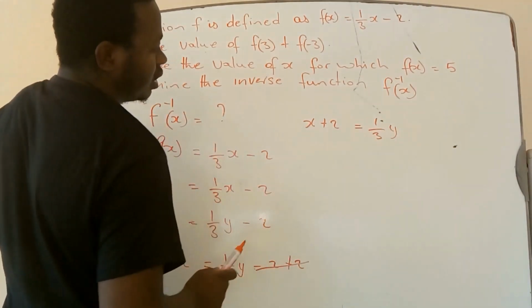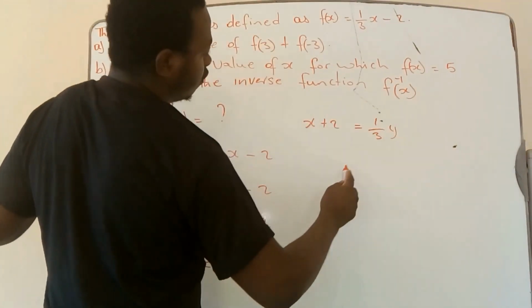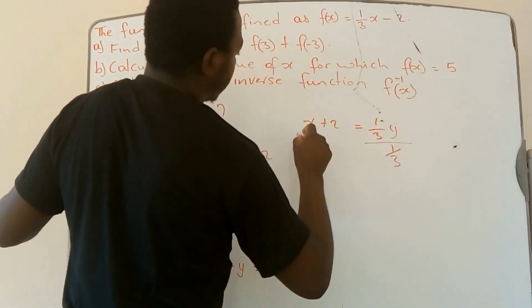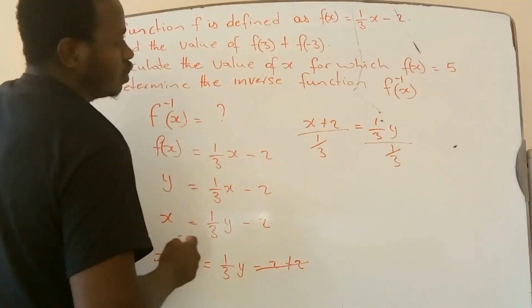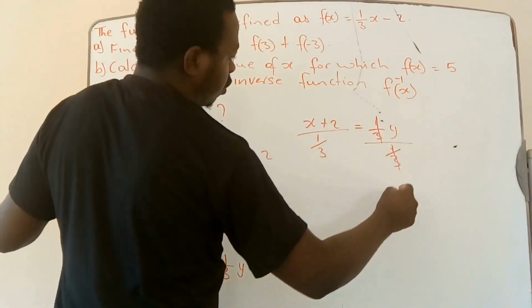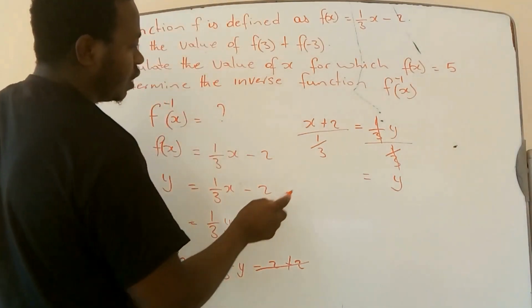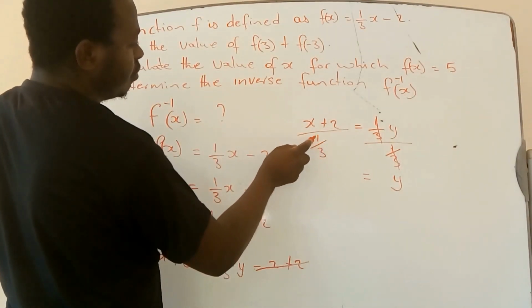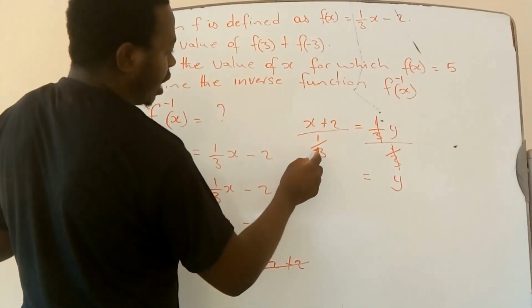Now we need to get rid of this 1 over 3, right? So we can divide both sides by 1 over 3. If you divide this side by 1 over 3, you divide this side by 1 over 3. So we cancel 1 over 3, and that is equal to y here, right? What we're left with here, dividing by 1 over 3, is the same thing as multiplying by 3 over 1.